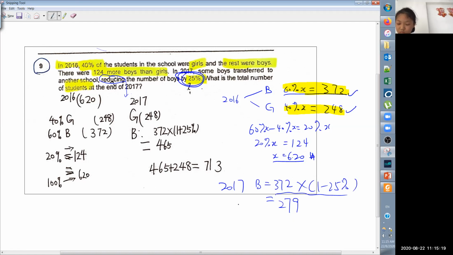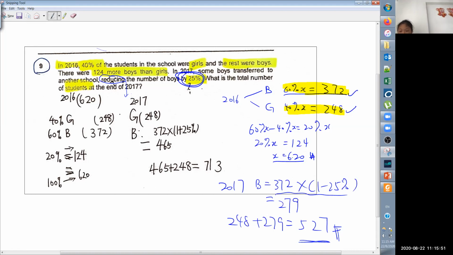Then what is the total number of students at the end? So girls no change, so that means the girls plus this. So what's the answer? 527. Okay. So can you help me check whether this is the final answer? 对。Okay.